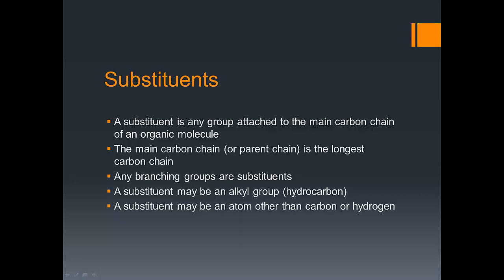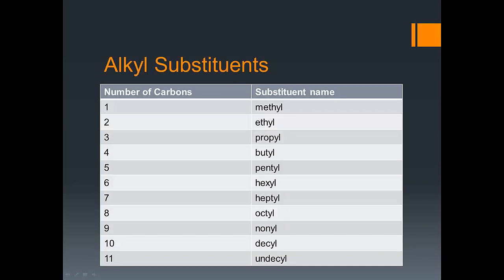If it's an alkyl substituent, depending on the number of carbons, it has a corresponding substituent name, a bit like a prefix. So instead of meth, eth, prop, but, pent, it's now methyl, ethyl, propyl, butyl. A 1 carbon substituent will be a methyl group, or a 5 carbon substituent a pentyl group.